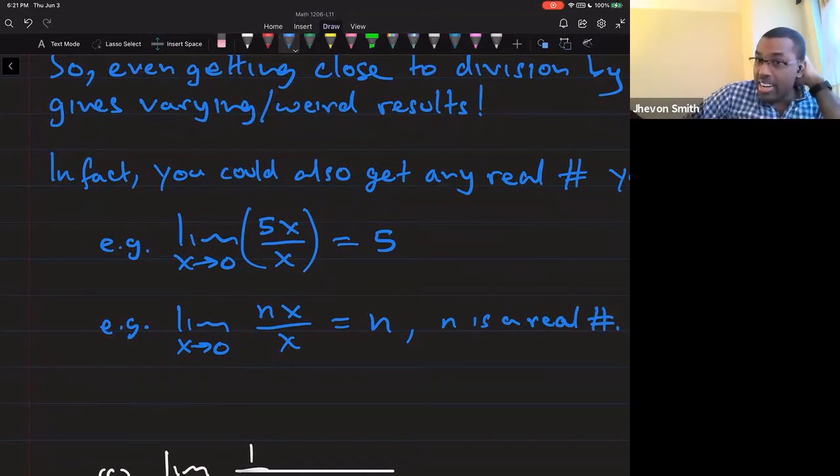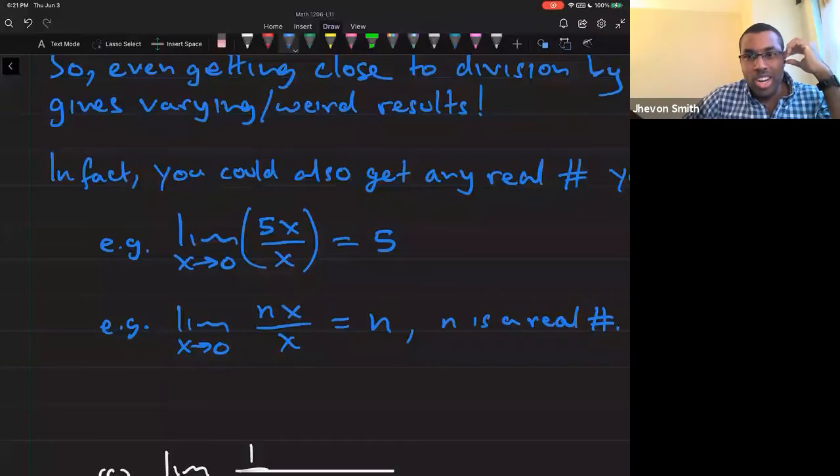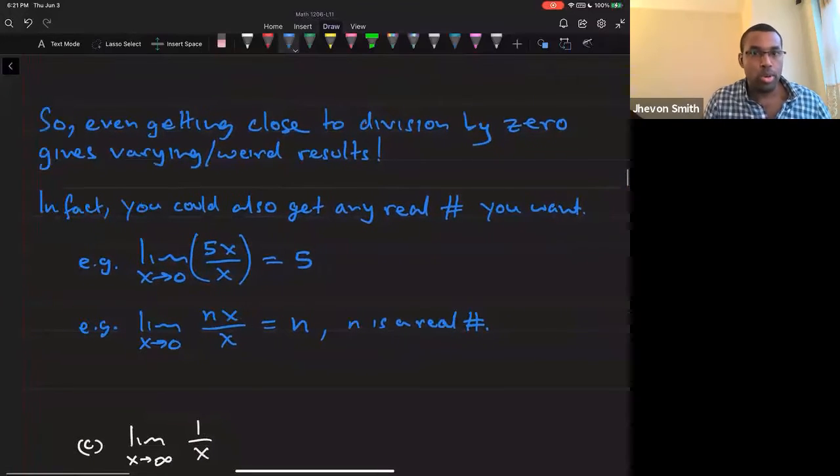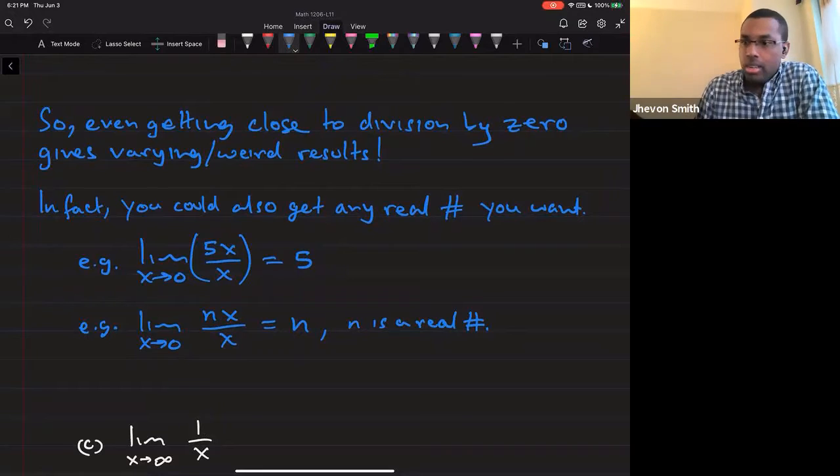So you're getting close to dividing by 0 here because there's an x in the denominator, but it actually simplifies to just a regular number if you're not equal to 0, which the limit doesn't care about. And so you can technically get anything you want by getting close to division by 0. So when you're getting close to dividing by 0, you have to approach it very carefully. It can actually be done, not in Calculus 1 anyway.